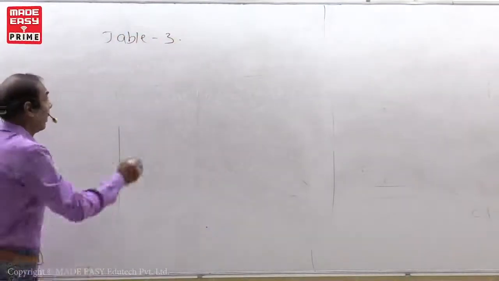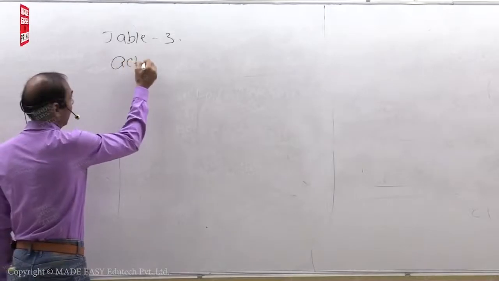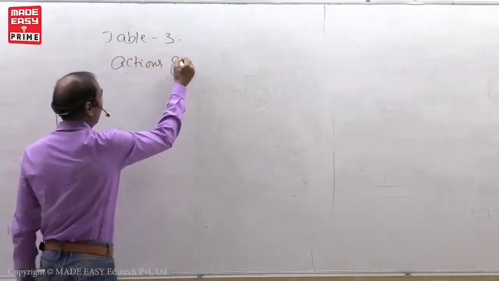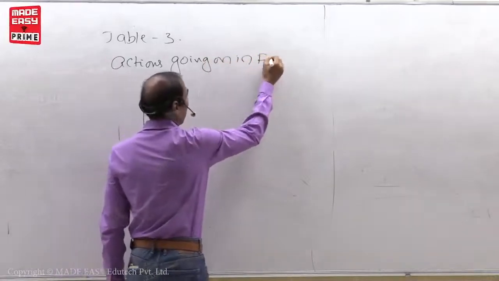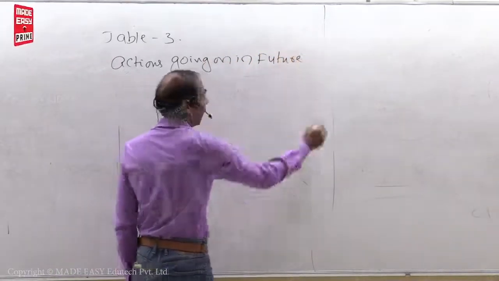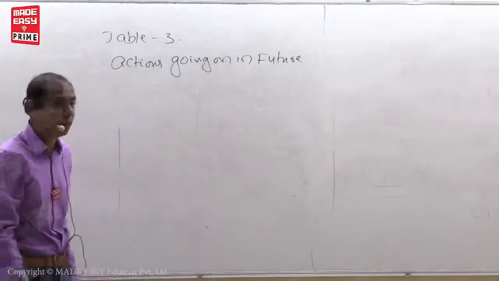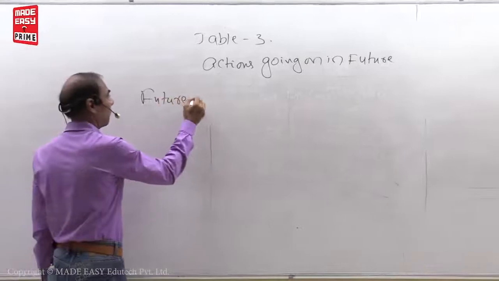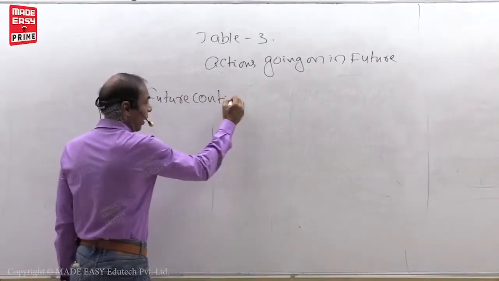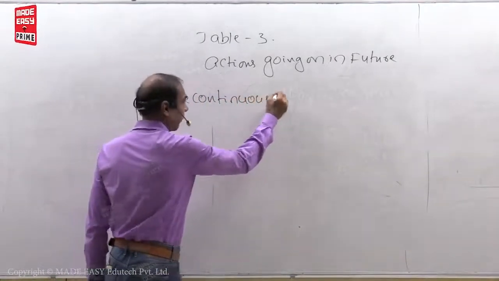What is table 3? Actions going on in future. Future continuous.